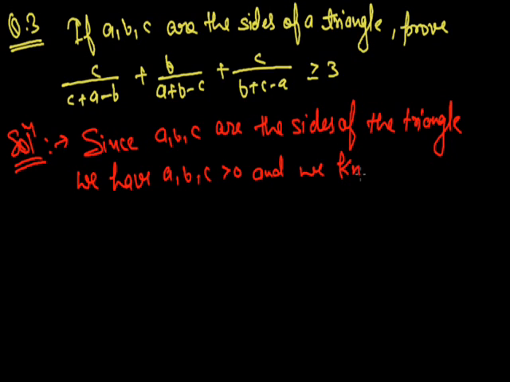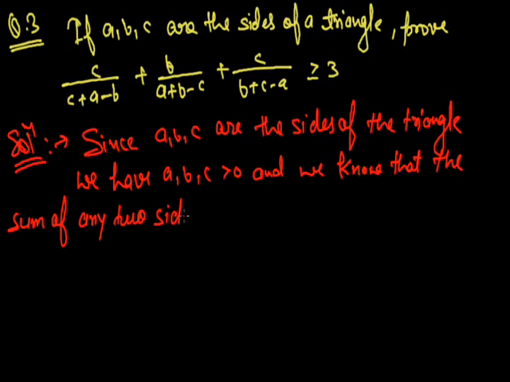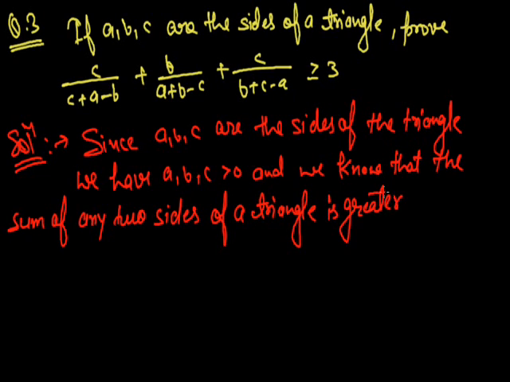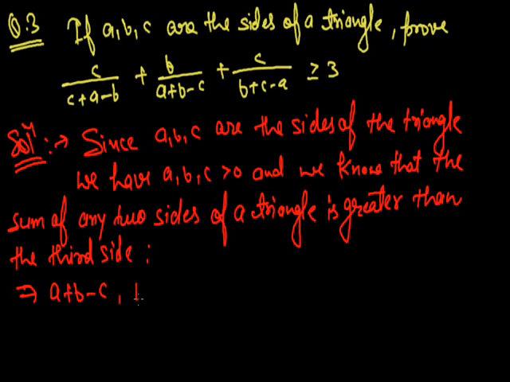And we know that the sum of any two sides of a triangle is greater than the third side. So we have A plus B minus C, B plus C minus A and C plus A minus B are all positive.